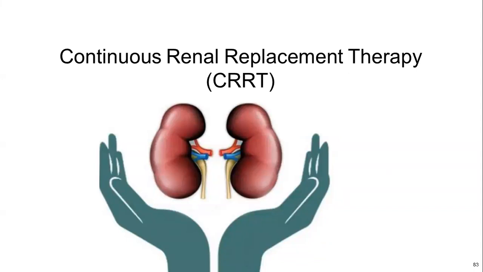So here we go to talk about continuous renal replacement therapy, shortly called CRRT. Continuous renal replacement therapy is a special type of dialysis that we do for unstable patients, especially unstable patients in the intensive care unit or ICU, those whose bodies cannot tolerate regular dialysis.